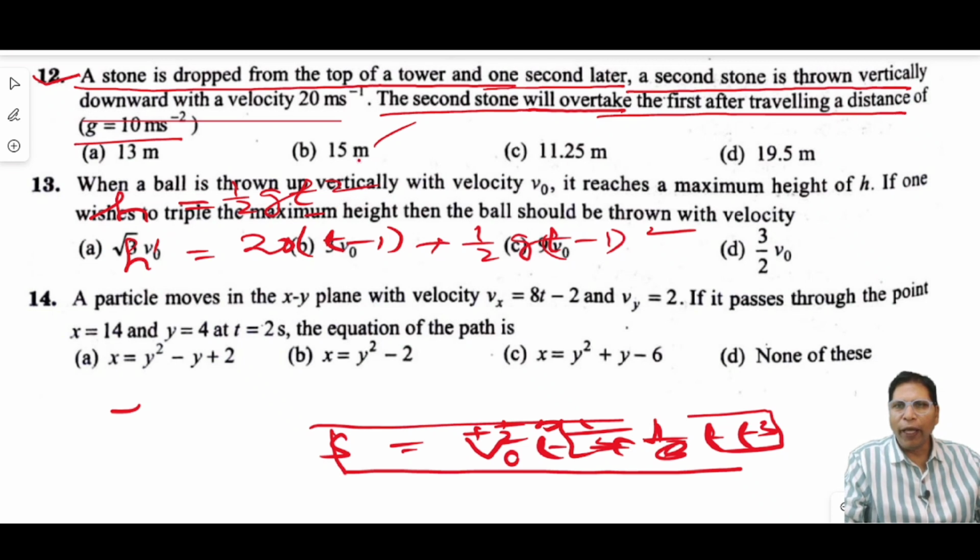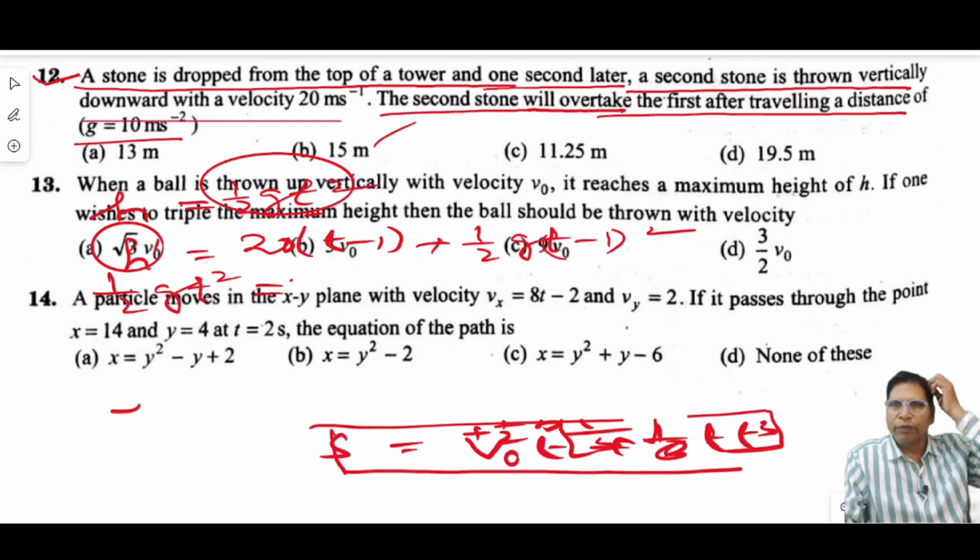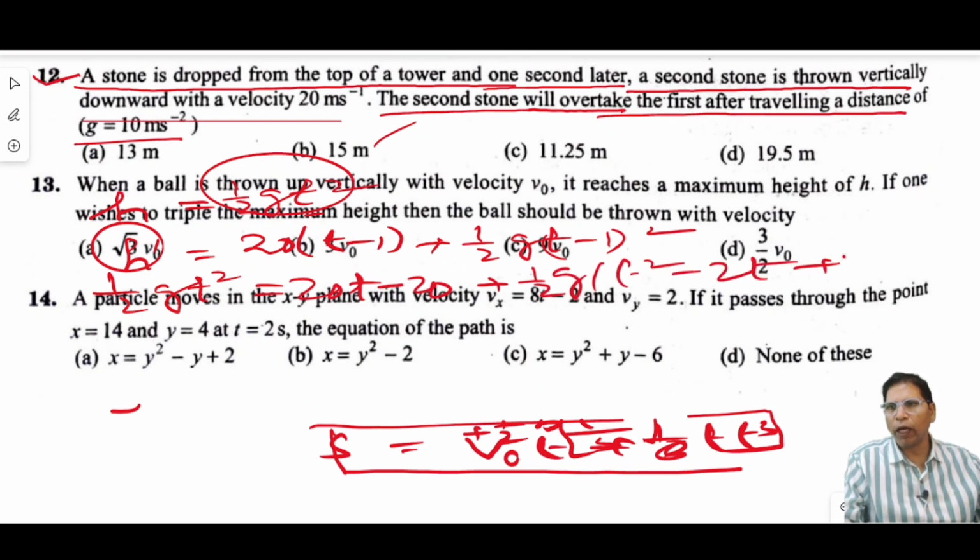Now put the value of h here. So half g t square equals 20t minus 20 plus half g (t square minus 2t plus 1).